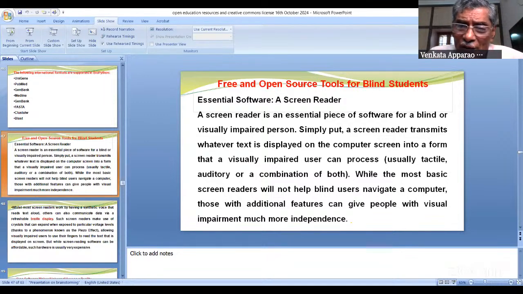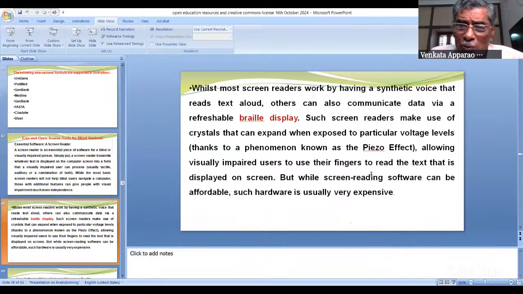Such essential software are available as tools for blind students.